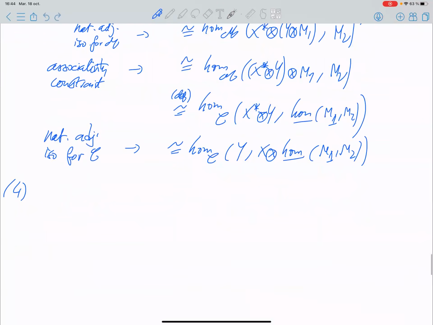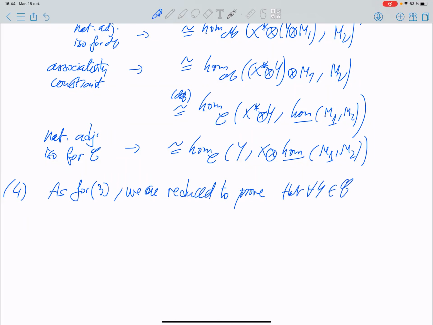So the last point is as for 3, we are reduced to prove that for all Hom C, Y, internal Hom, and so on.